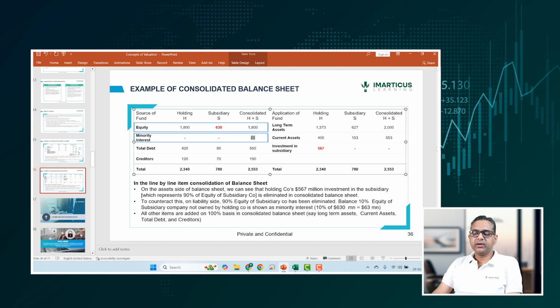So this minority interest is only 10% of the subsidiary's equity. We have not taken into account 90% of the subsidiary's equity here, and we also did not take into account the 90% investment in the subsidiary in the consolidated financial statements of the parent company. All other items are added on a 100% basis in the consolidated balance sheet, say long-term assets, current assets, total debt and creditors.